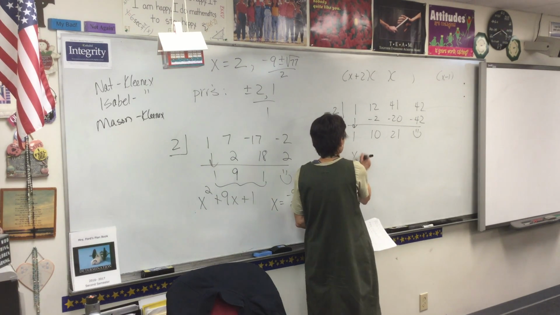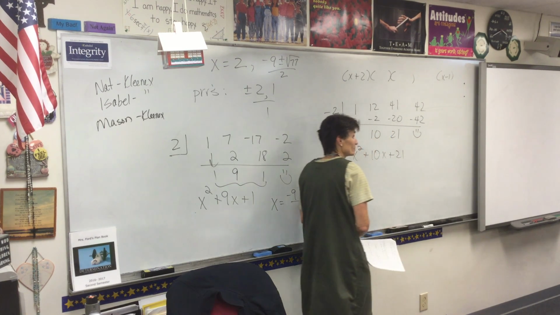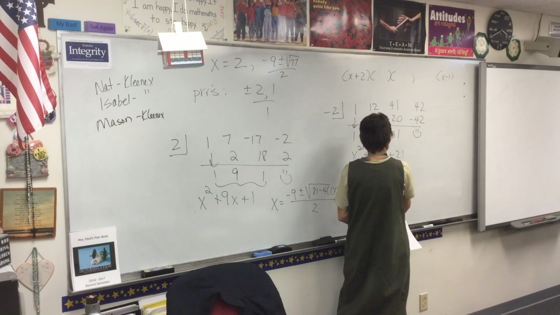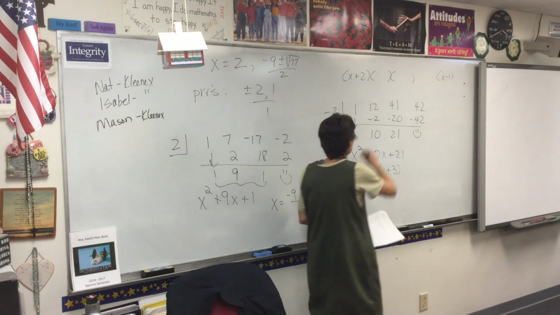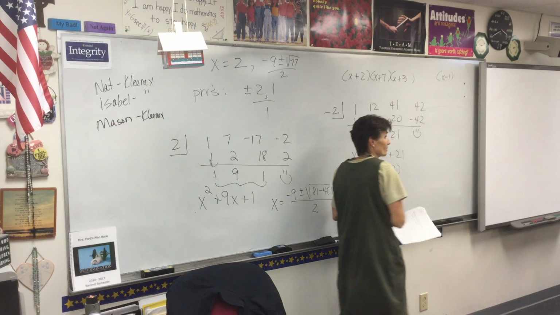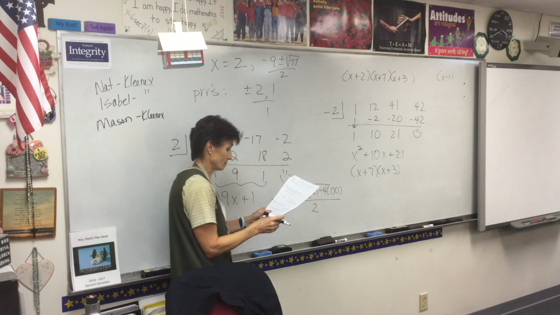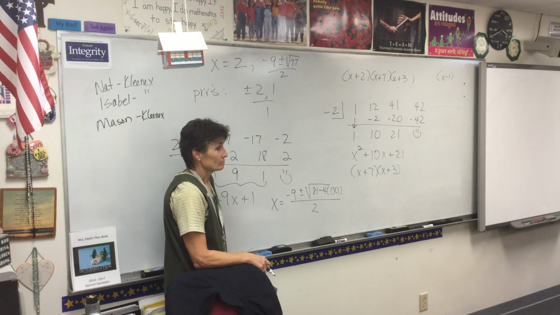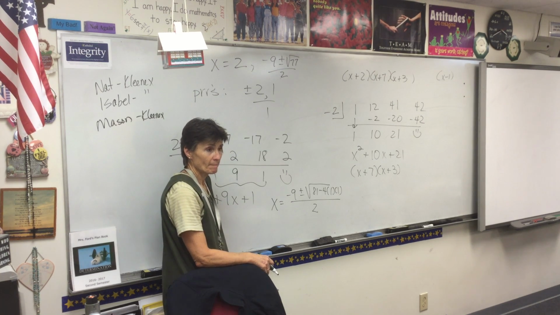Factor. This is x squared plus 10x plus 21, and 7 and 3. So it says, what are the other two factors? X plus 7 and x plus 3. What do you think? You all right with that?